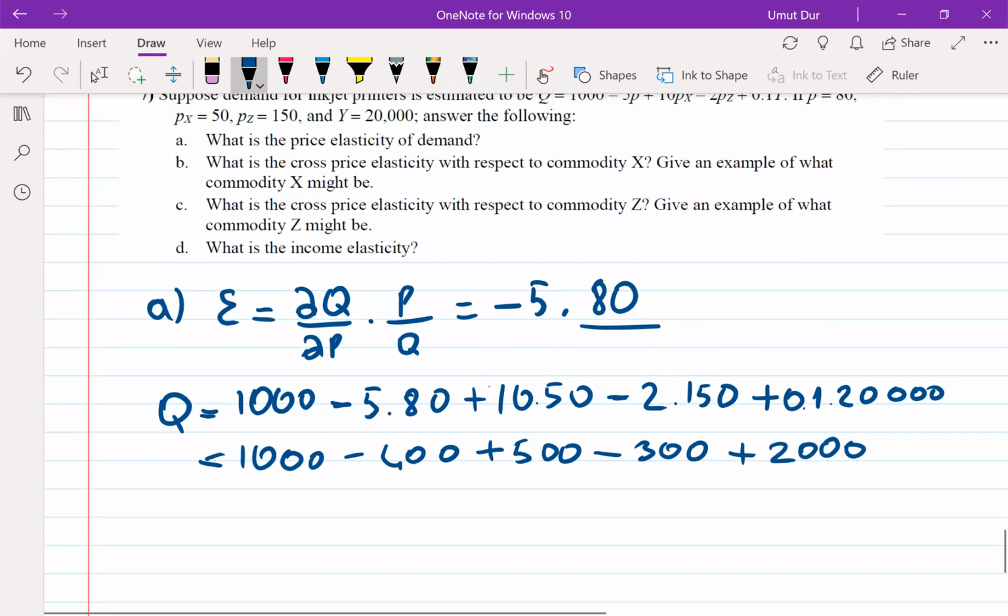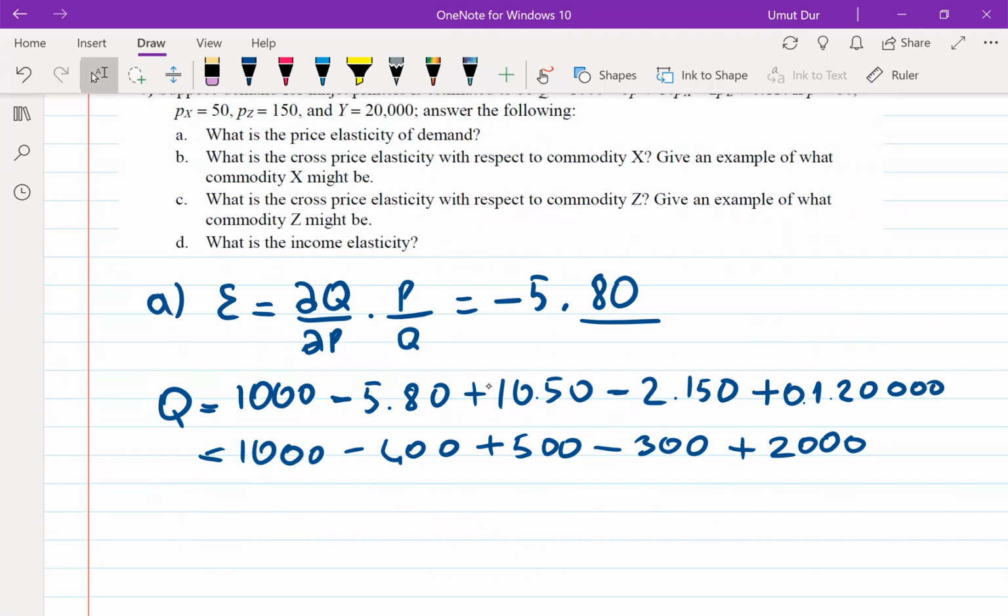What is the answer? It is 2,800. Then I just plug in this value here, do the math, and whatever it is, that is the demand elasticity.